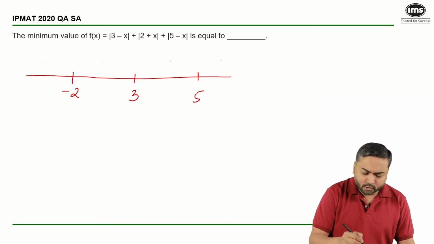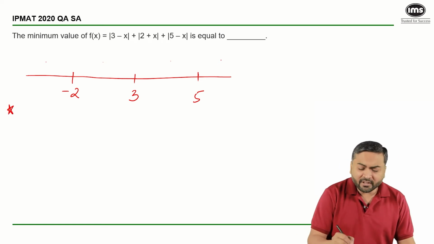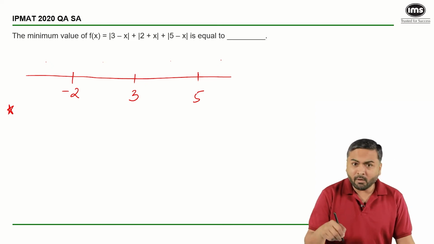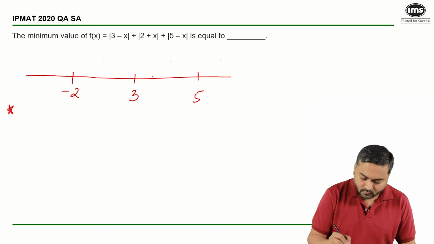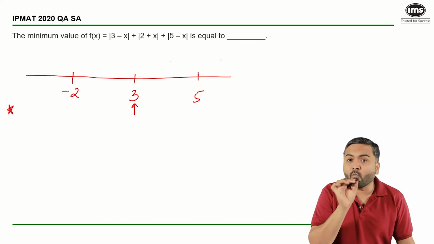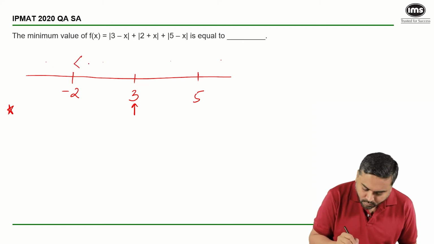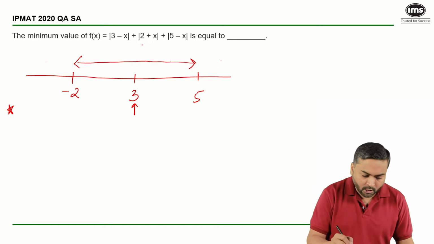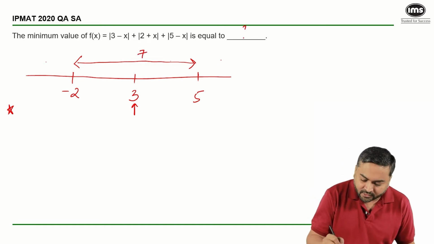But remember this rule, guys: if there are an odd number of mods, then the minimum will always happen at the middlemost value, and the minimum value will be this distance, that is equal to 7, and hence the answer is 7.